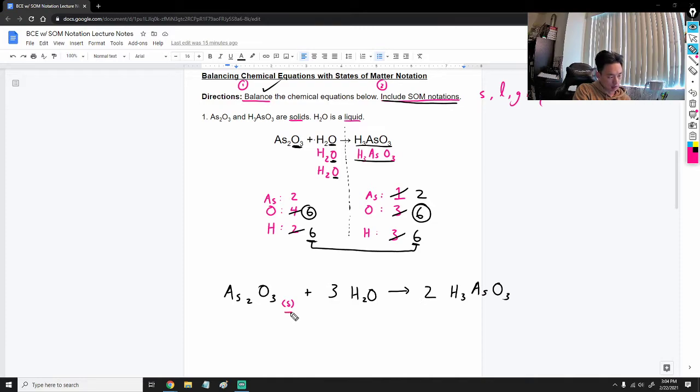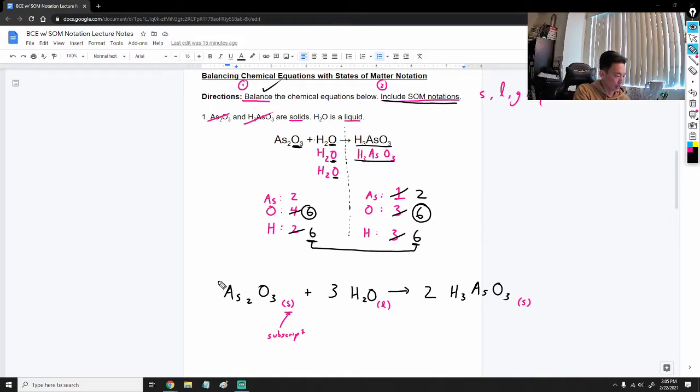Again, this is going to be a subscript, a small letter, just like how we have them here. So we're going to put an s next to As2O3, so that one's done. H3AsO3 is also solid, so we're going to put that. Now that one's done. And the last one, H2O, is a liquid, so I'm going to put a cursive l just so we know that it's a liquid and not a 1 or something like that.